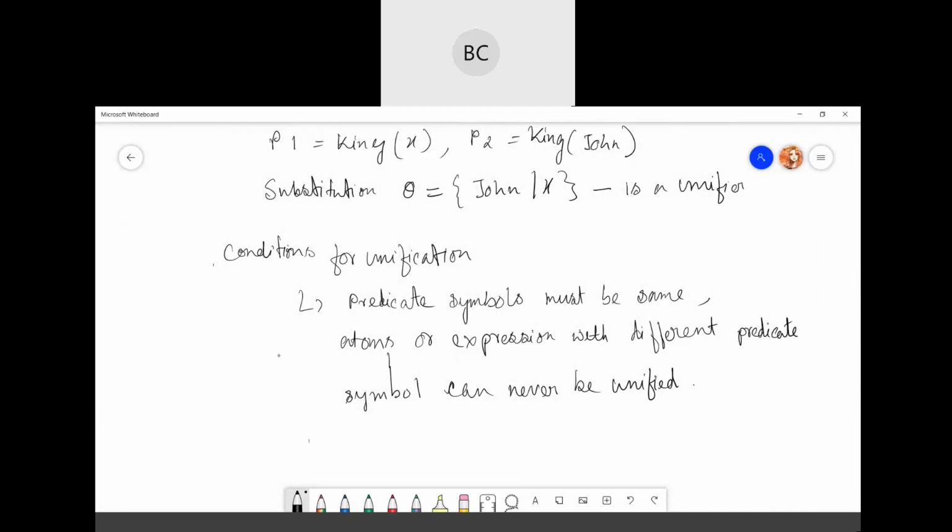Then the number of arguments in both expressions must be identical.